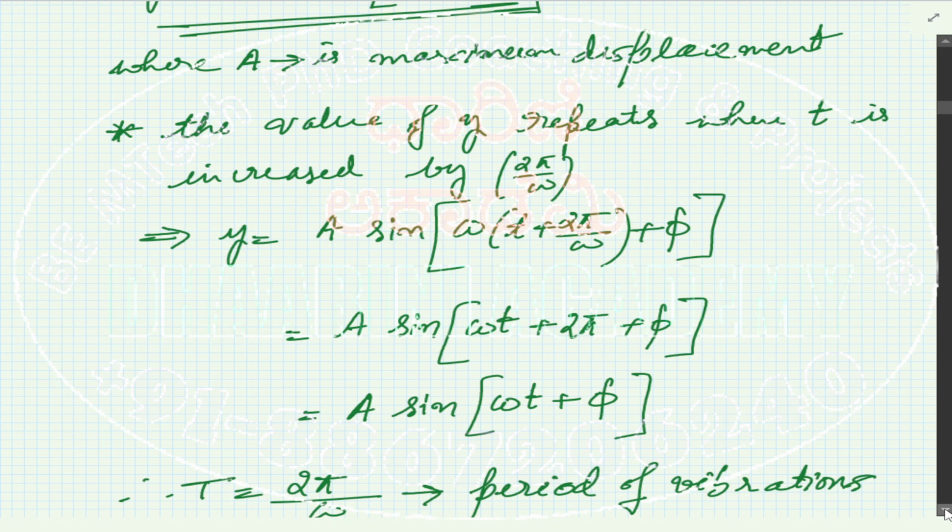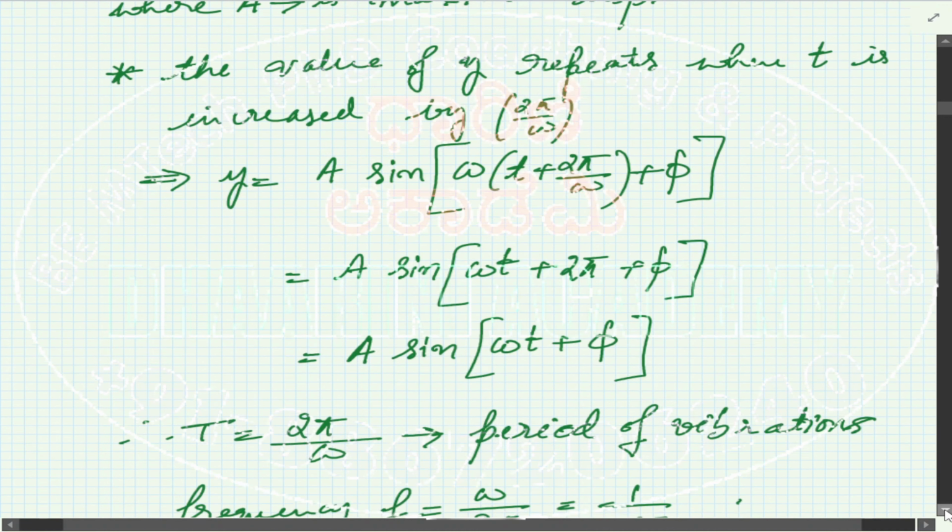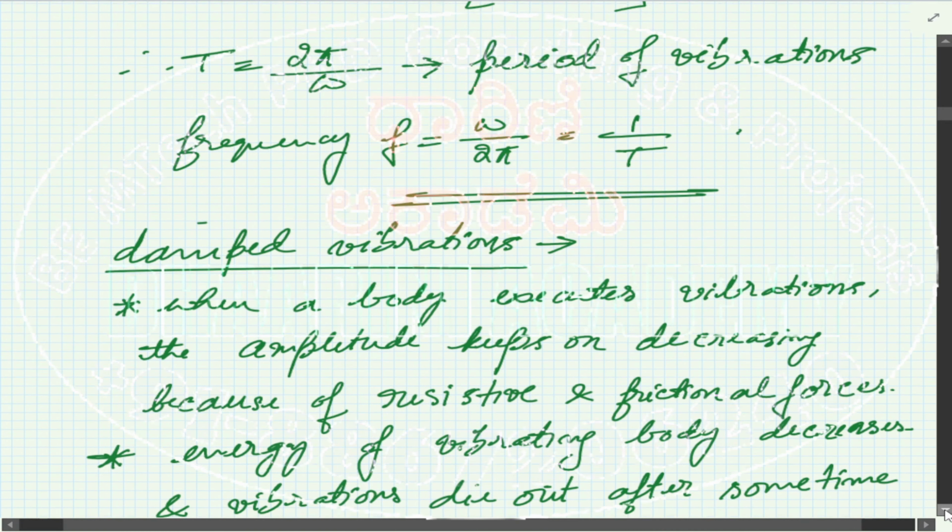So originally y was the same. Even after changing t to a different value, we still get the same answer, which indicates that it is periodic. And that time which you increased, 2 pi by omega, is called the period of vibration.